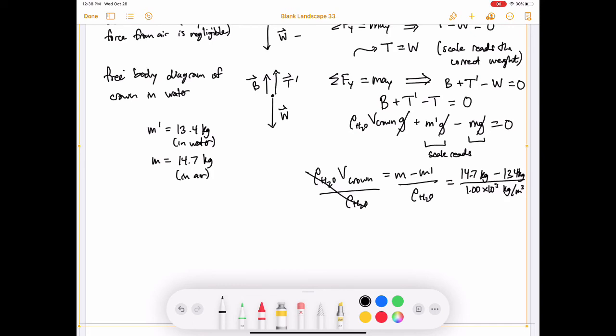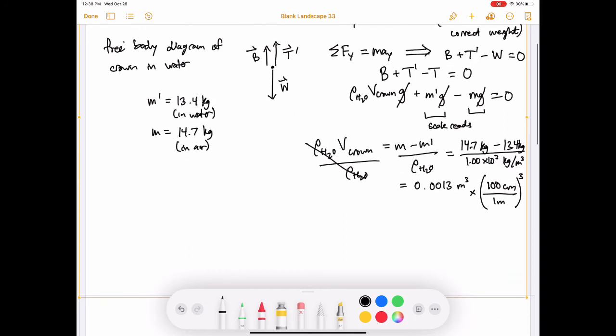Okay, so this is going to give us the volume of the crown in units of cubic meters. If you calculate it, it's 0.0013 cubic meters. If we convert that to cubic centimeters, we have 100 centimeters in every 1 meter, but we have to cube the entire conversion factor to get this to work, which gives us 1,300 cubic centimeters. So that's the volume of the crown.